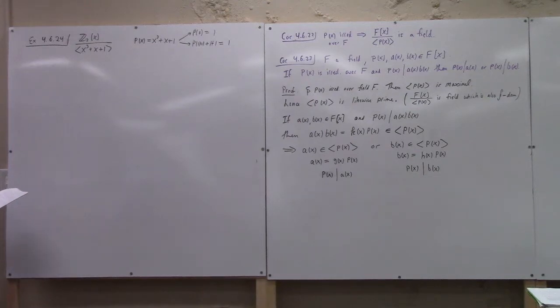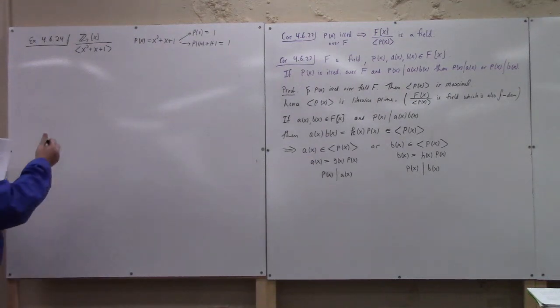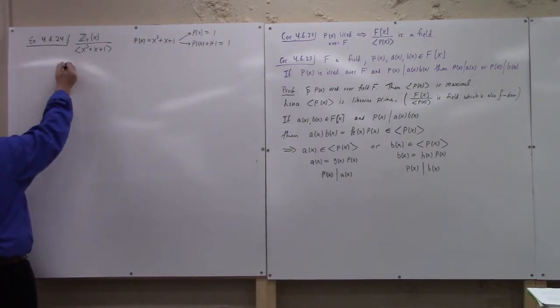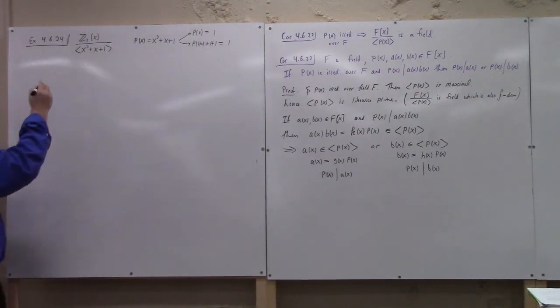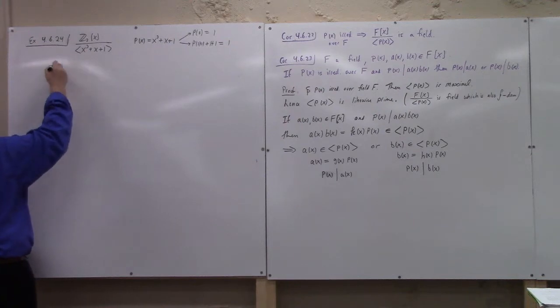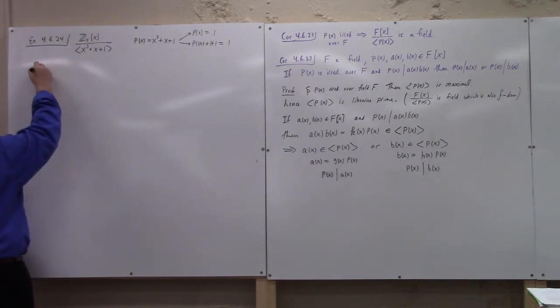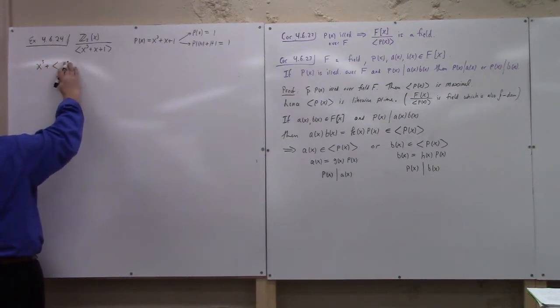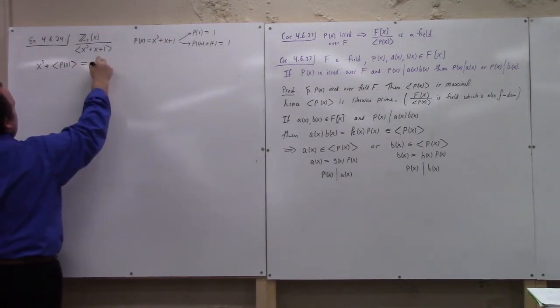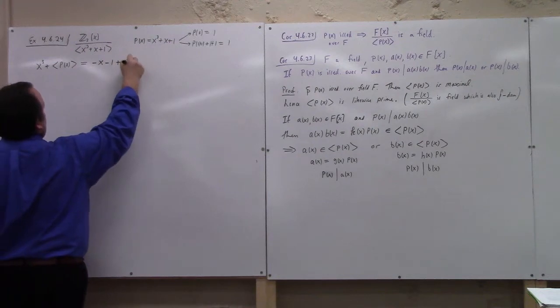So my point is this is an irreducible polynomial. Therefore, this thing is a field. Essentially, that means you can reduce down. You have the relation that x cubed plus the ideal generated by p(x) is equal to minus x minus 1 plus this ideal.